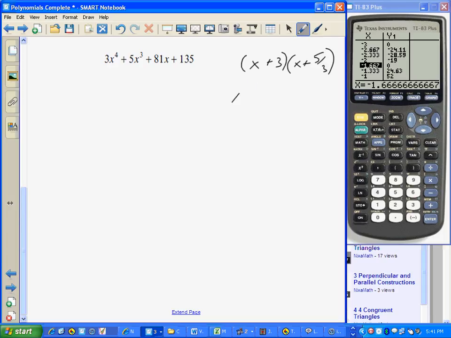So if I want to divide these both out at once, I'm going to do x squared plus 5/3 x plus 3x. And then this turns out to be plus 5. So 5/3 plus 3 whole things. This would be 9/3. I'm going to get 14/3.